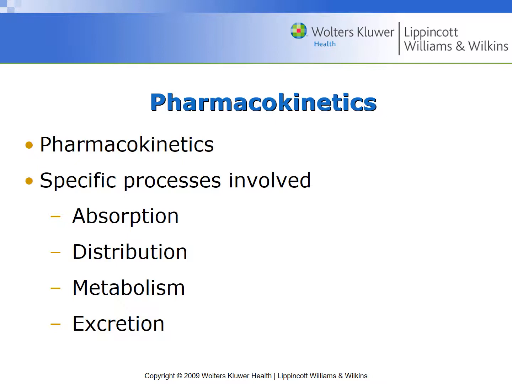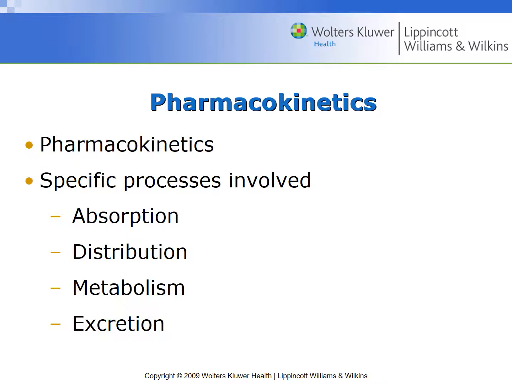So put them together, and it's the study of drug movement throughout the body, and it also includes the breakdown or metabolism and drug excretion. Okay, so there are 4 basic pharmacokinetic processes, and we're going to initially describe them as the movement throughout the body. Okay, so let's start with the first one there.